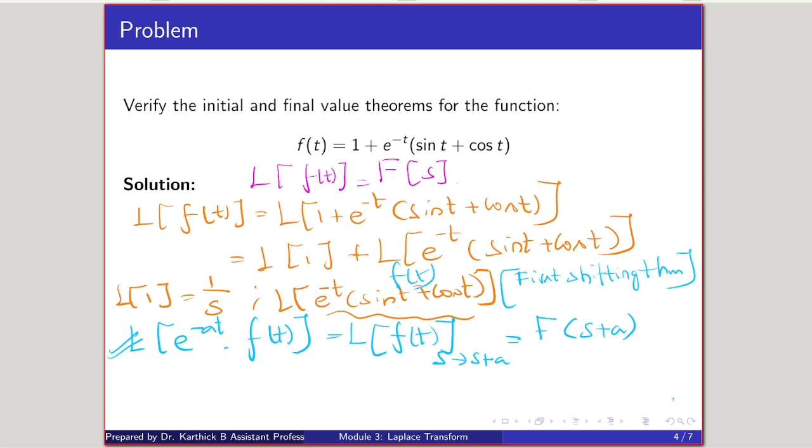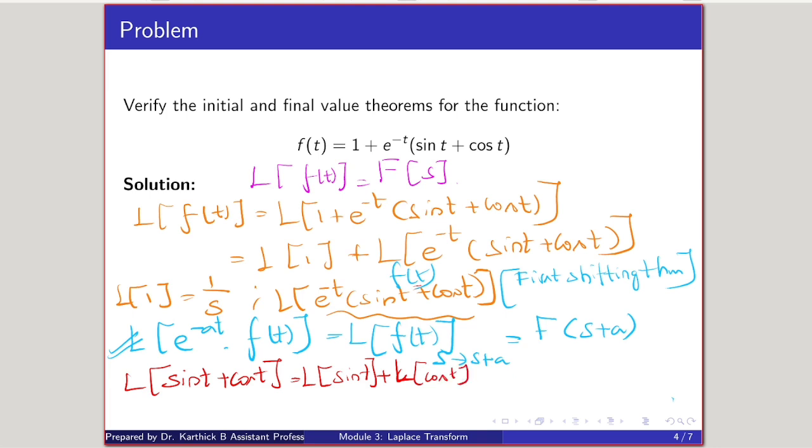To find Laplace of f of t, I am going to find Laplace of sin t plus cos t. By using the linear property, we can split this into Laplace of sin t plus Laplace of cos t.